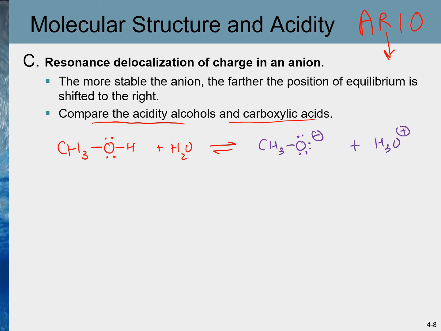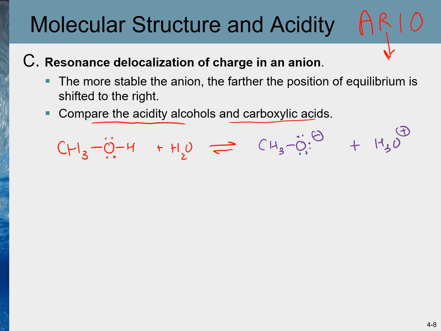Now, the negative charge in alkoxide is on the oxygen atom, but it does not have any resonance. Oxygen is highly electronegative, so that's good, but it does not have any resonance.